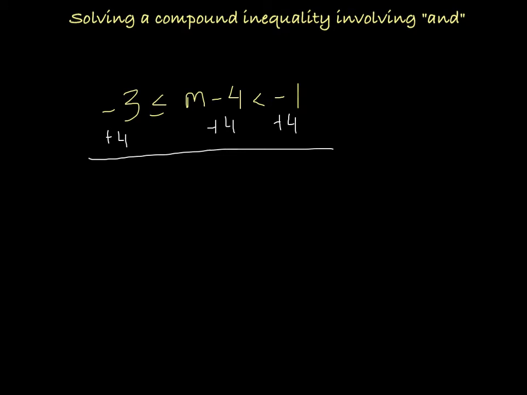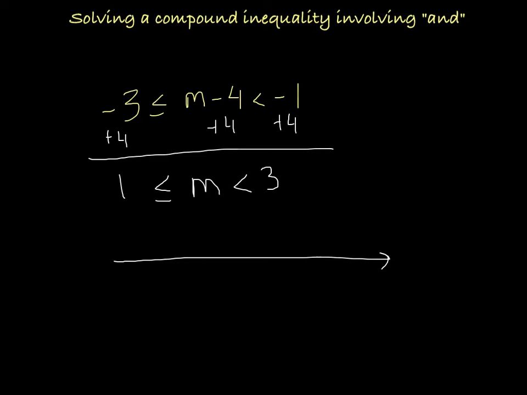What that will leave us with is m is both less than -1 plus 4, which is +3, and greater than or equal to -3 plus 4, which is +1. So the values that would satisfy this solution are all numbers between 1 and 3.